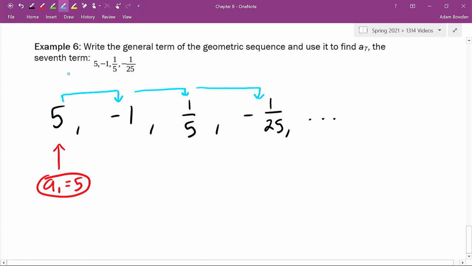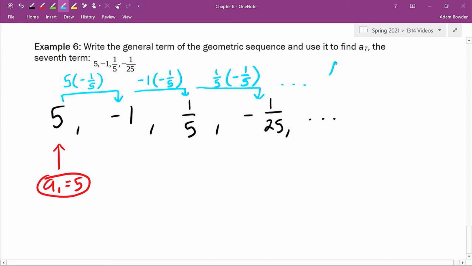In this case, 5 times -1/5 would be -1. -1 times -1/5 would be +1/5. 1/5 times -1/5 would be -1/25, and so on from there.